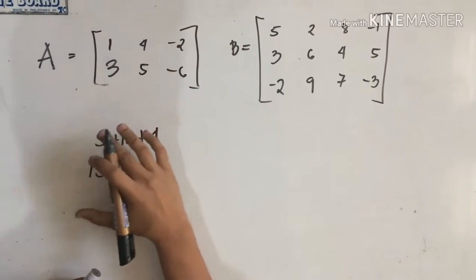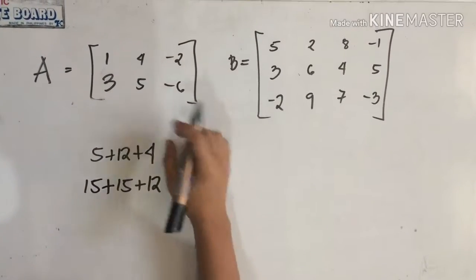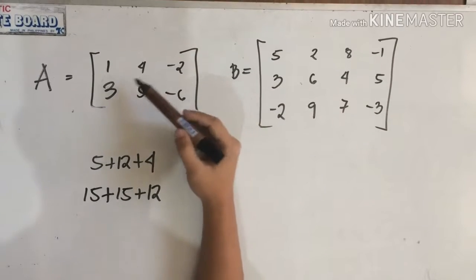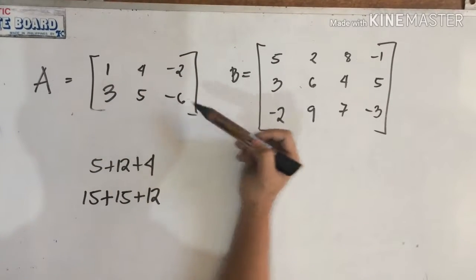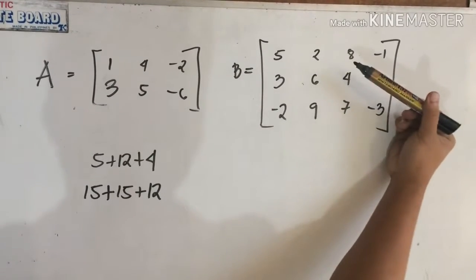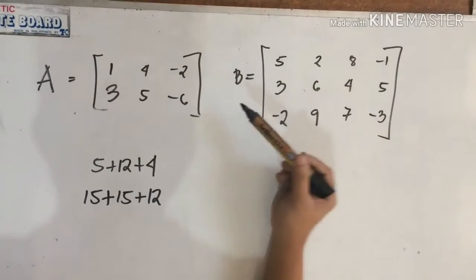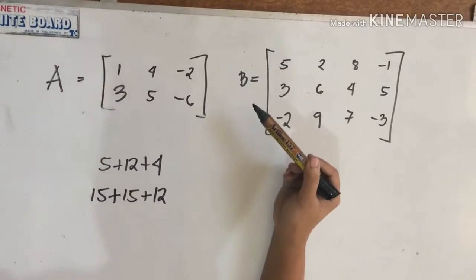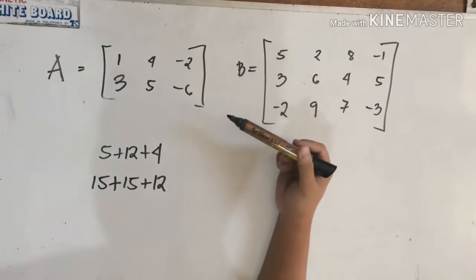And all we have to do is to multiply this row again to find out the other missing entries for the columns in this matrix B. So we can go ahead and do that.